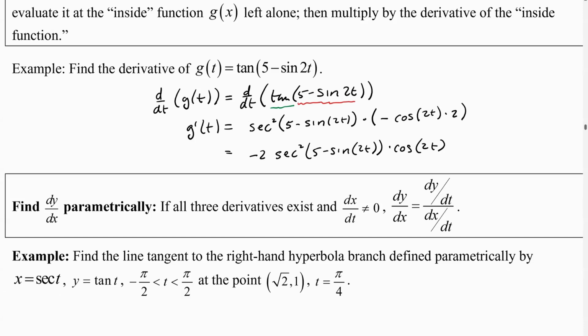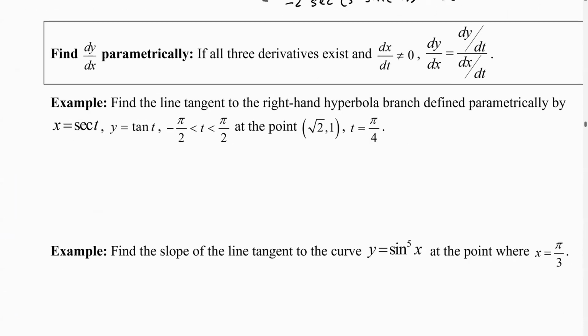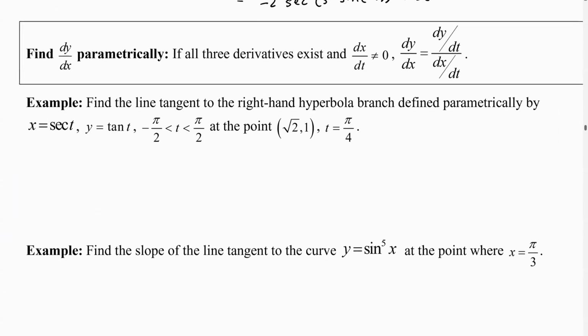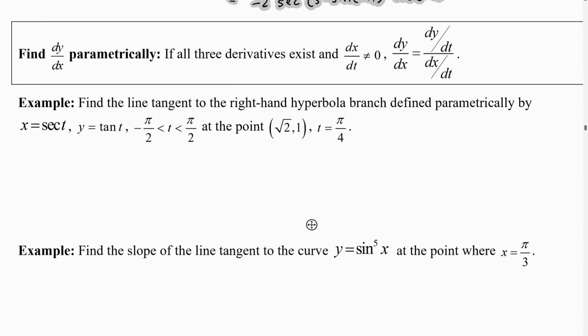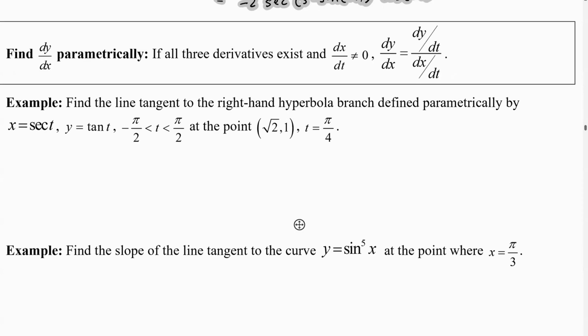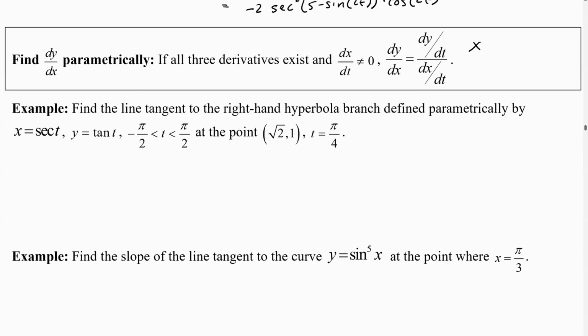Now, you may recall doing in pre-calculus something called parametric equations. In a parametric equation, we have x as a function of t. We have y as a function of t, and then the curve is described as t, the parameter, changes.